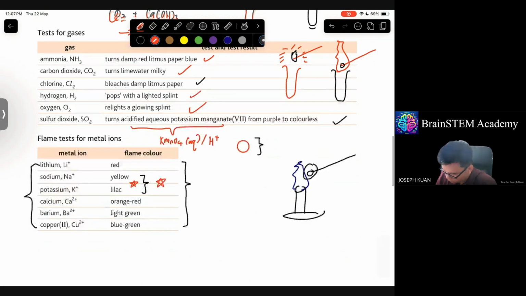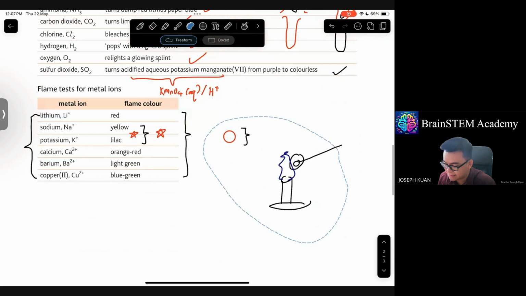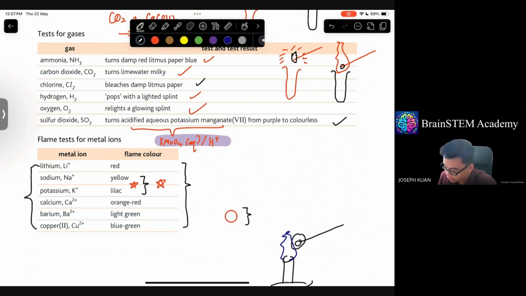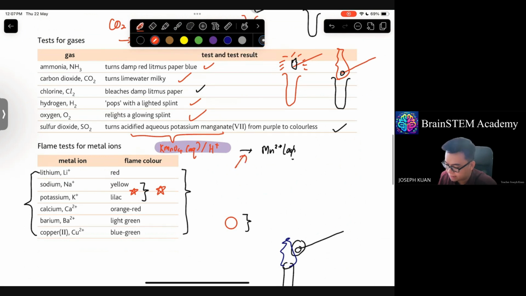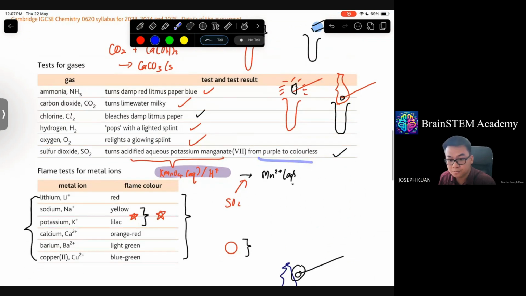The solution is originally purple, and it turns into colorless manganese ions. So sulfur dioxide donates electrons to potassium manganate(VII) and turns it into colorless manganese ions. That's why you see it turn from purple to colorless.